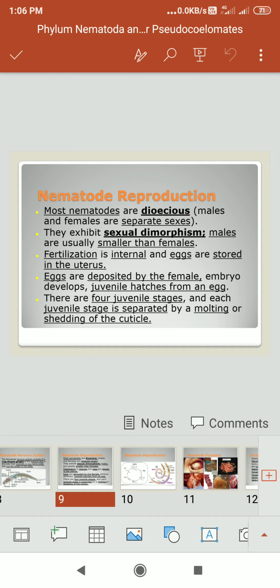Nematodes are dioecious: males and females are separate sexes in this group of animals, the roundworms. But Taenia solium is a hermaphrodite, because the sexes are not separated in that animal.